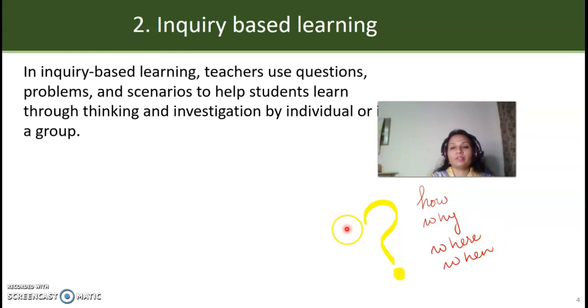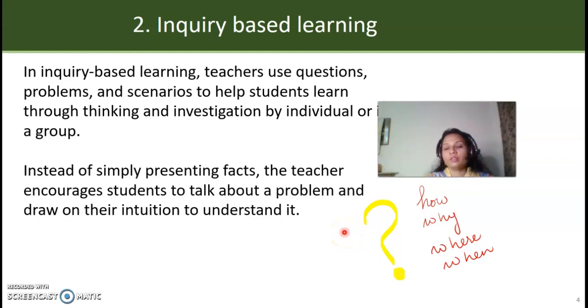In this modern era, a teacher is not one who just gives factual information to students, but a good teacher is one who welcomes questions, or provides the student with a problem or question for the learning process. In this way, the students try to understand and draw their own intuitions or conclusions.